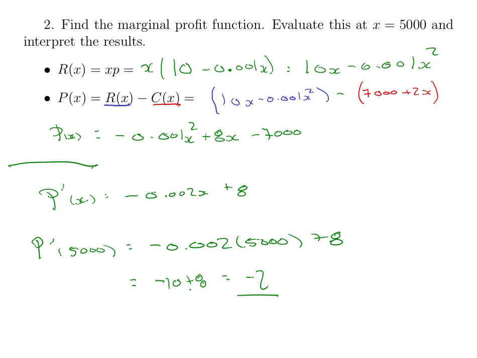All right, so if we want to interpret that, because it's a derivative, it's a change in profit. Meaning right now, if we're producing 5,000 units, per week or per month or whatever our time frame is on this thing, if we increase it by 1 unit, we're going to actually start losing money. Now, our profit won't be negative. We're just going to decrease our profits by $2.